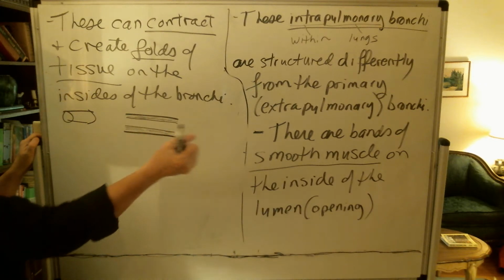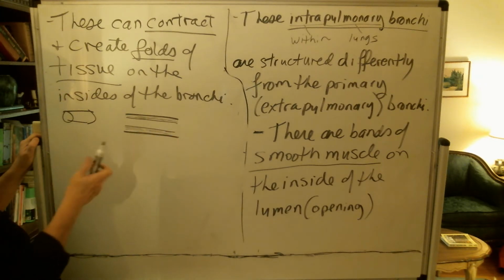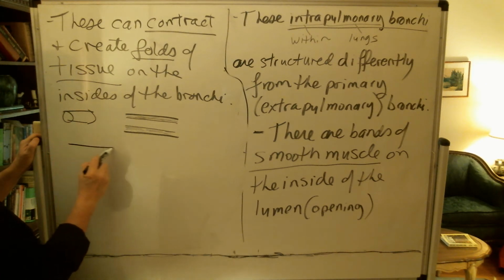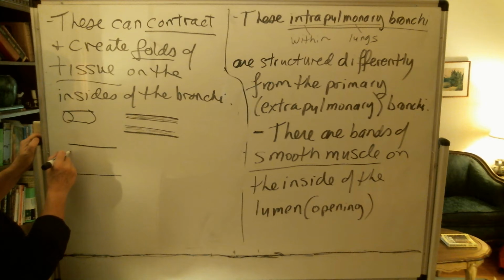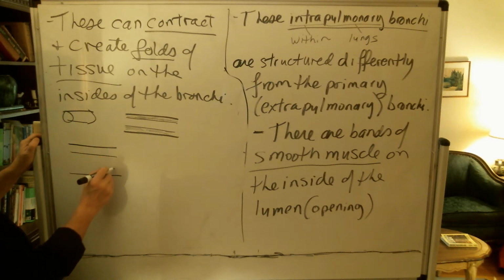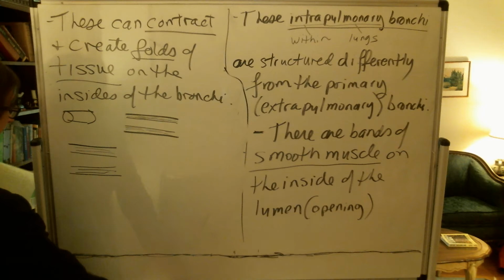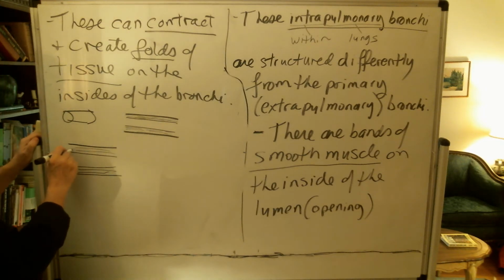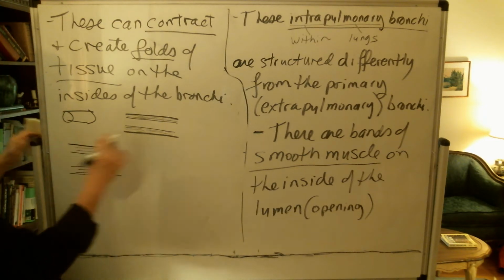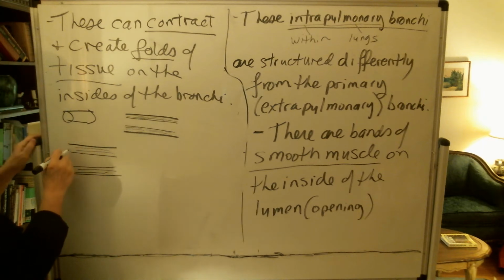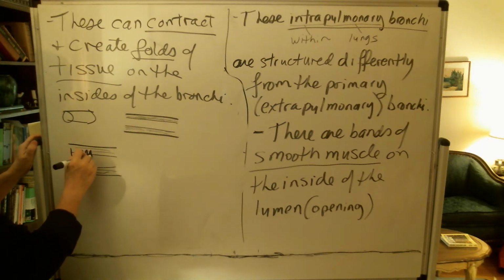When that contracts, there's other tissue mixed in there as well. I'm going to make this a little bit bigger so that it's easier to see. You go from having these nice smooth bands of muscle to having this muscle contracting and therefore bunching up the other tissue that comes with it.